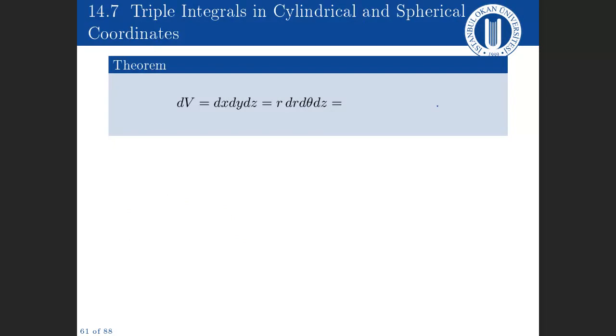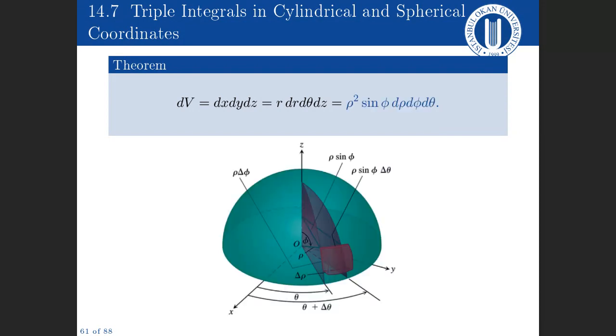Okay, what about when we're doing integrals? Remember, a little bit of volume dV is the same as dx dy dz, and is the same as r dr d theta dz. When we use spherical polar coordinates, the equation that we need to remember is rho squared sine phi d rho d phi d theta.